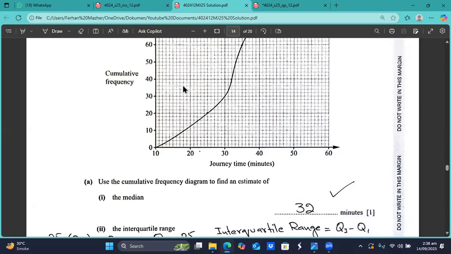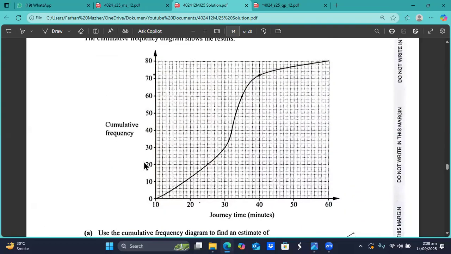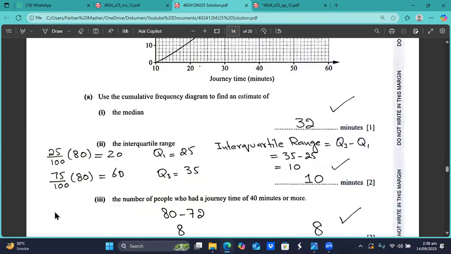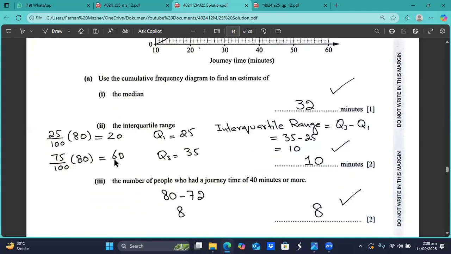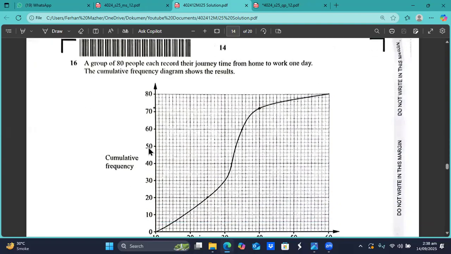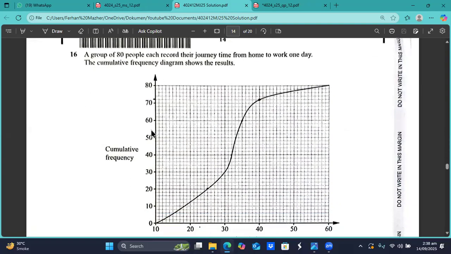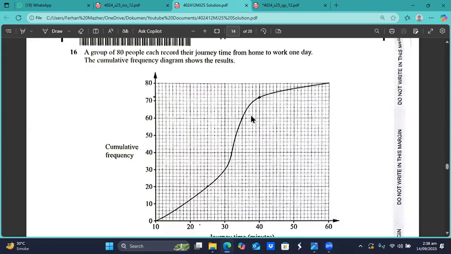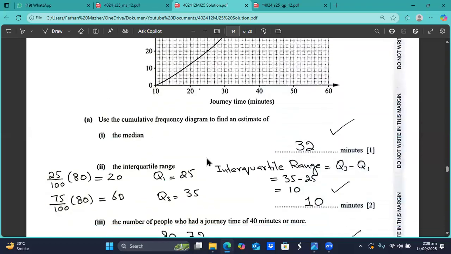On your graph, look for the 20 on the y-axis, go and check what the value is here. So that is your Q1. And then 75% of the 80, that is 60. So on the y-axis, check where the 60 is. From there, go to the graph and check what the value of x is here. So that will be your Q3.